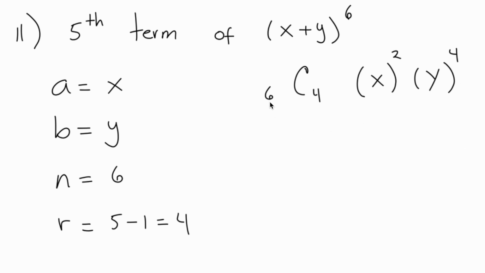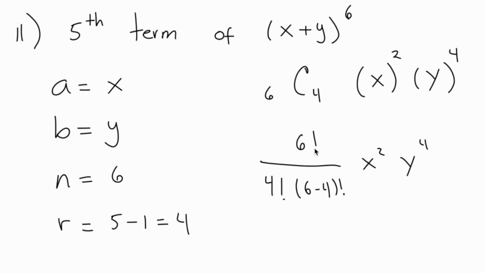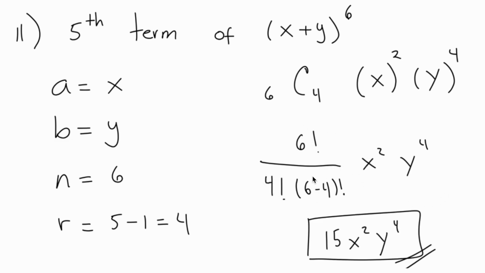Now I find 6 choose 4, so that is 6 factorial over 4 factorial times 6 minus 4 factorial, times x squared times y to the 4. If you plug it into your calculator, that is just 15, so it is 15x squared y to the 4. Putting this into your calculator is a skill. You need to know how to do this.